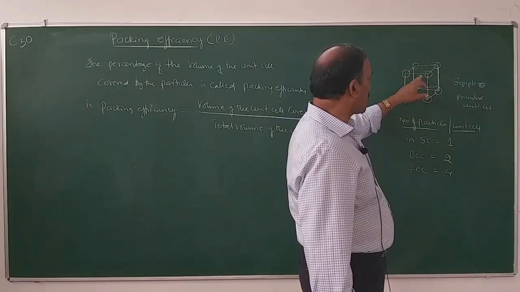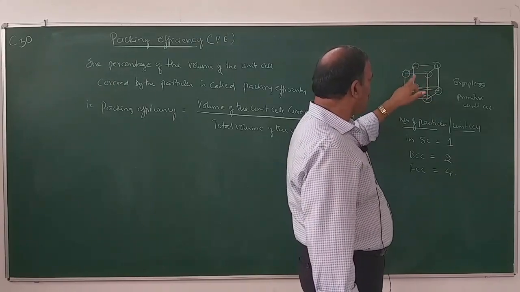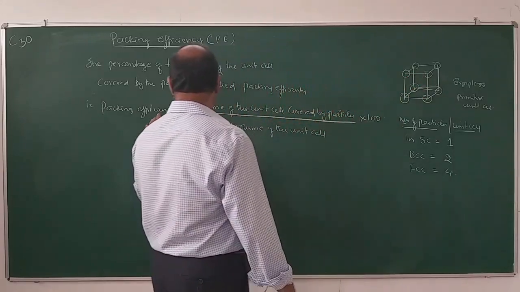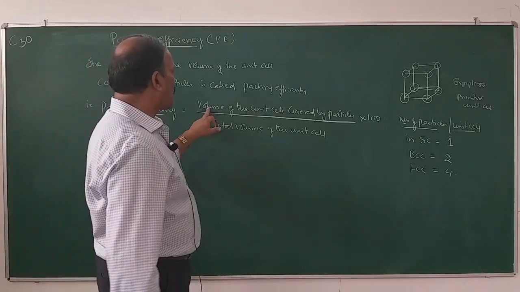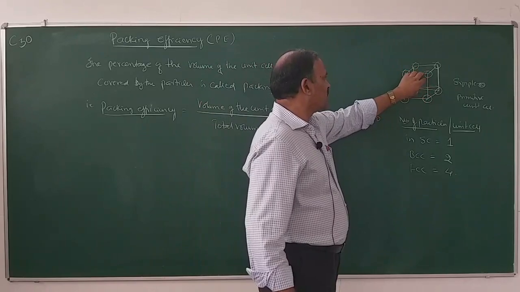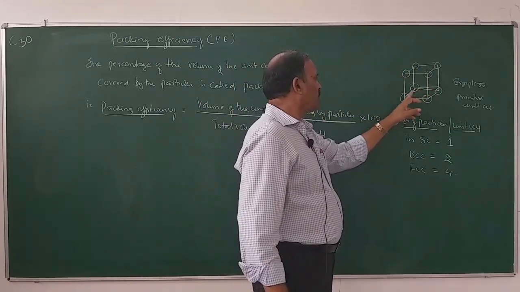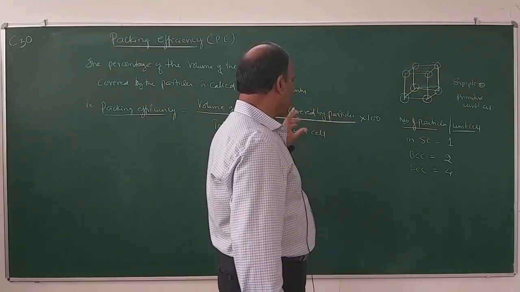The space occupied by one particle divided by the total space of the unit cell into 100 is called packing efficiency. Volume occupied by the particles in the unit cell divided by the total volume of the unit cell into 100 is called packing efficiency.